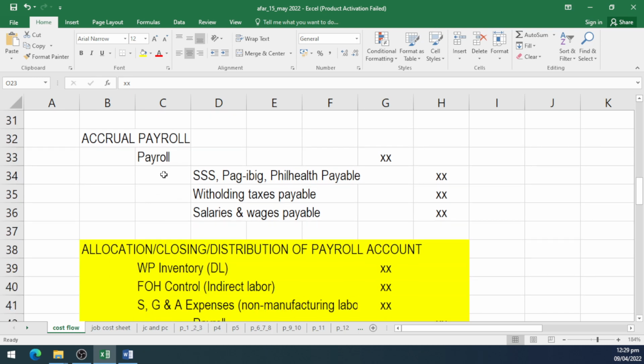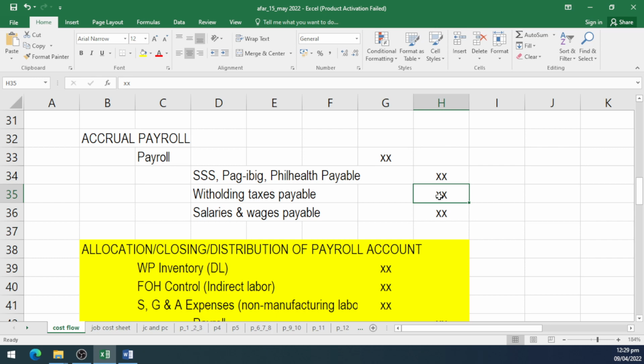Yung total na payroll na na-compute, debit to payroll, then credit to SSS, Pag-ibig, and PhilHealth payable, ito yung employees' share. Credit to withholding taxes payable. Yung employer kasi, withholding agent.